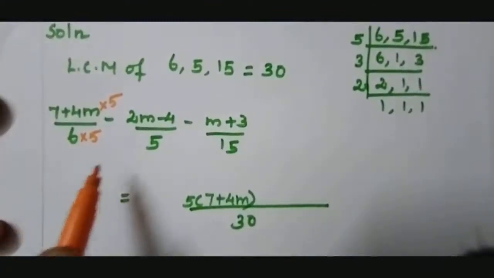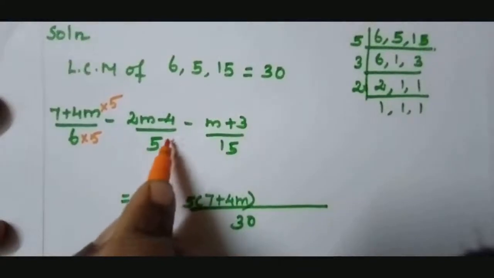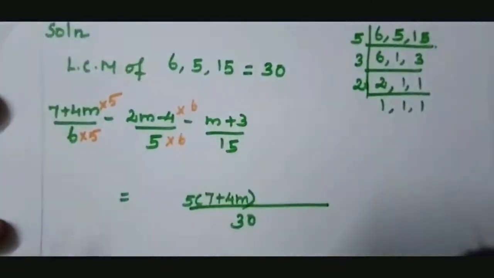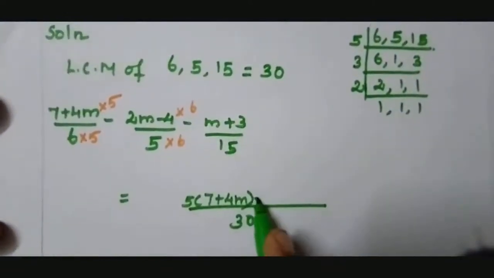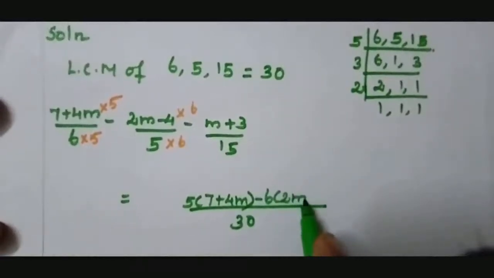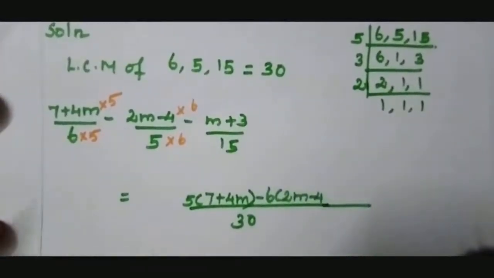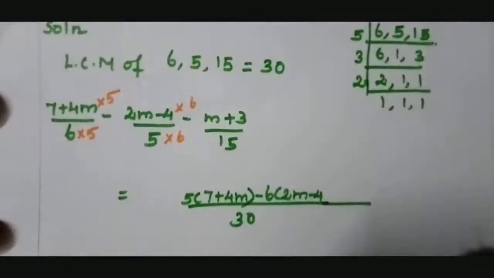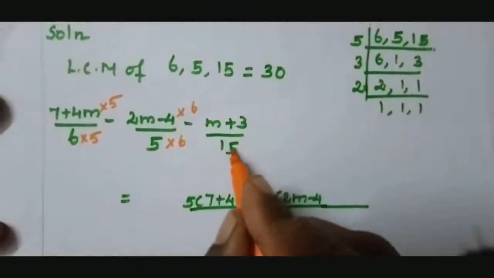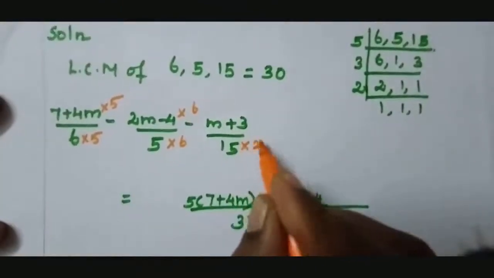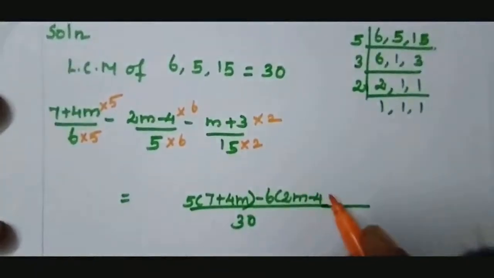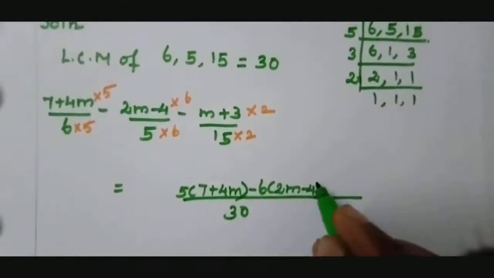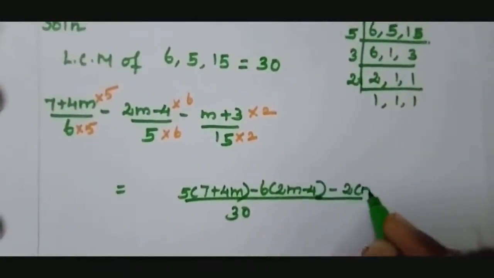The second term, the denominator is 5. So you should multiply both the numerator and denominator by 6 to get 30. So the second term is minus 6 times (2m − 4). So in the third term, the denominator is 15, so you should multiply by 2 to get 30, which is equal to minus 2 times (m + 3).